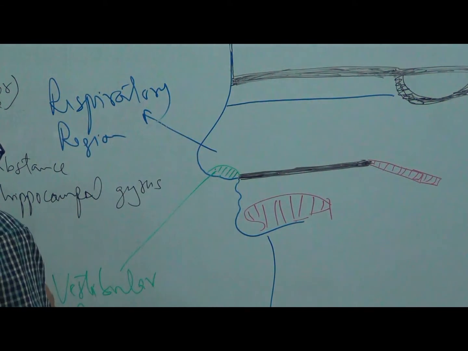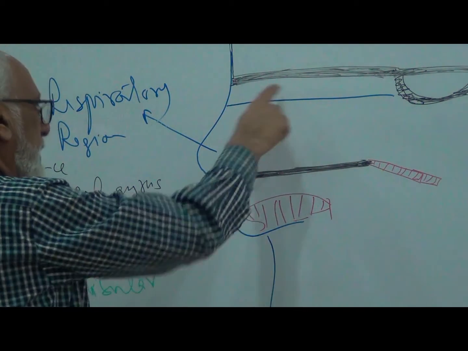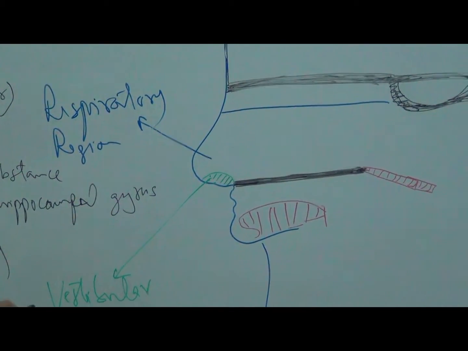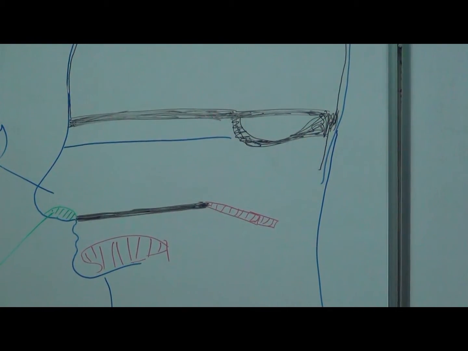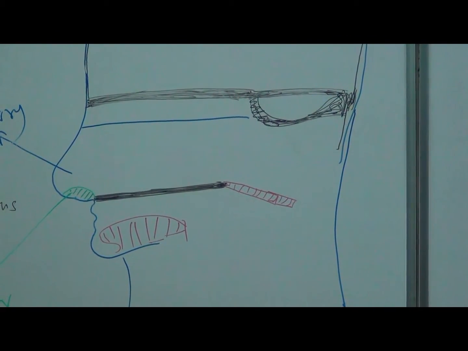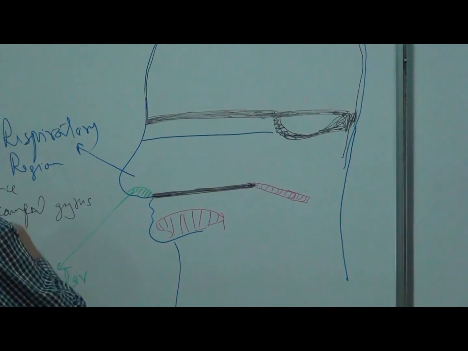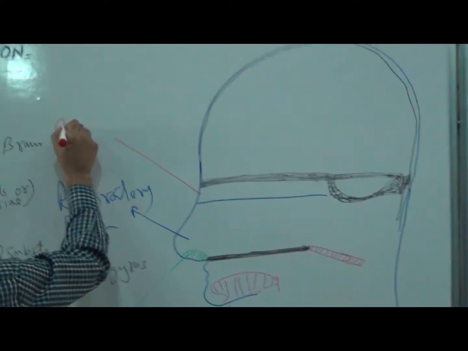And the upper smaller part of the nasal mucosa, which lines the roof of the nasal cavity and upper parts of the lateral and medial walls, is the olfactory mucosa, the olfactory region.